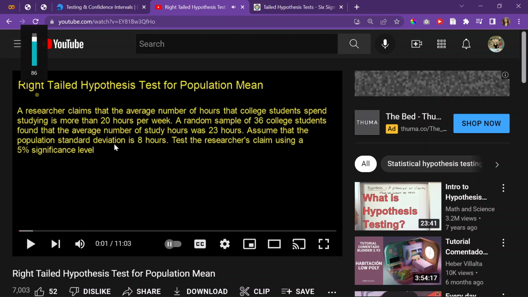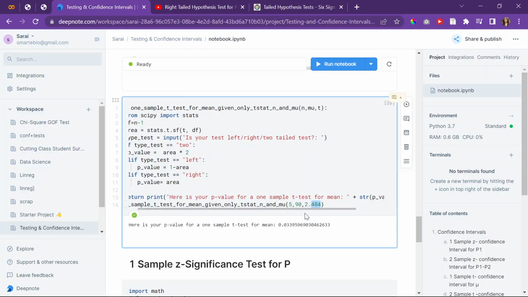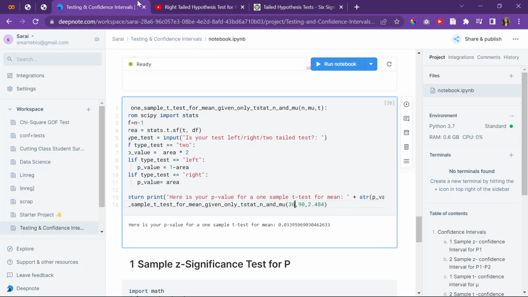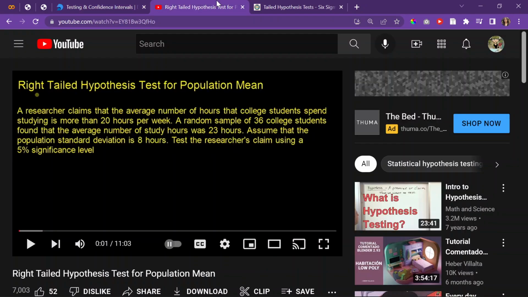Okay, so let me do 36. $23. And then the test statistic.